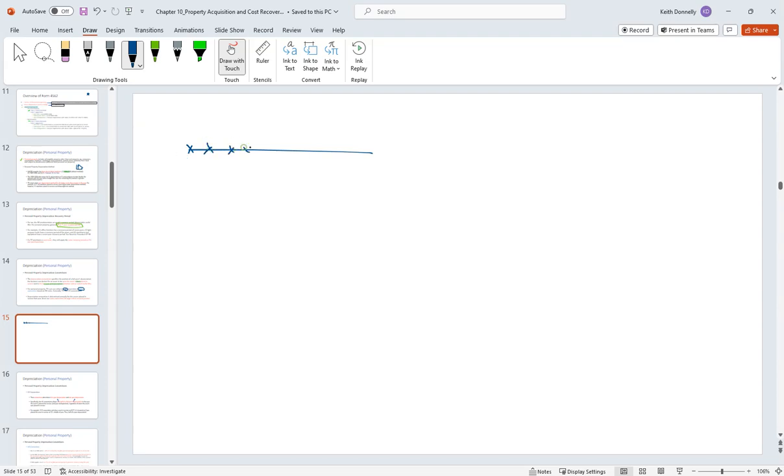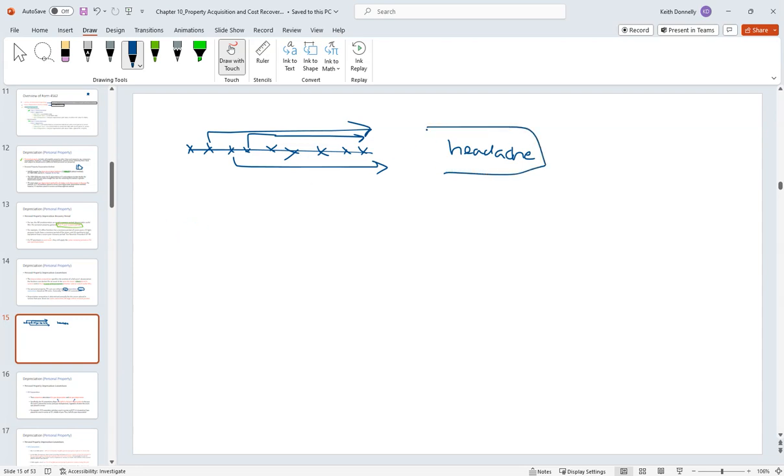In real life, businesses are placing property in service all throughout the year. So this becomes a headache because you have to calculate depreciation pro rata for each one of these. Maybe this one we had in service 300 days, this one we had for 290 days. So it's a headache.